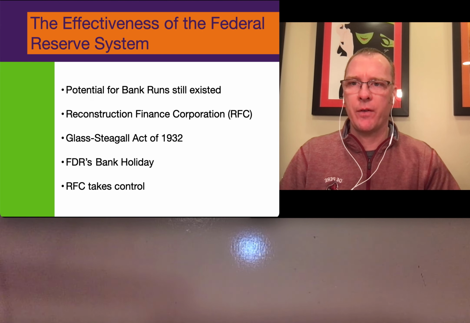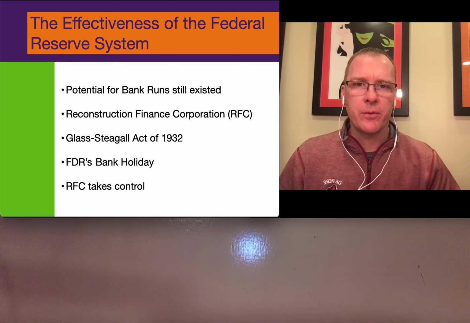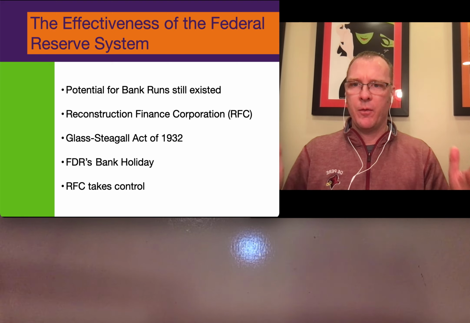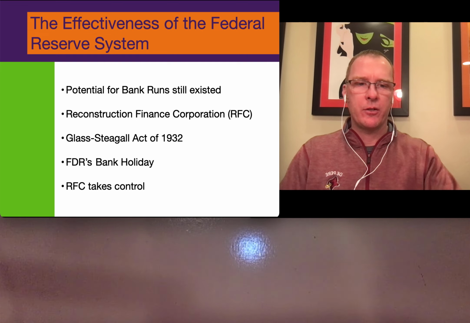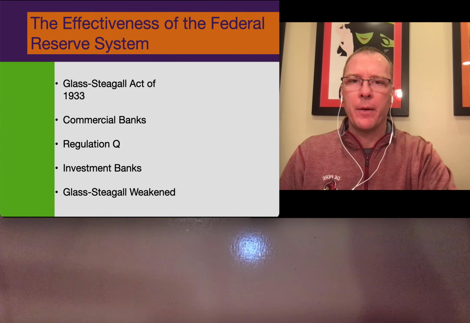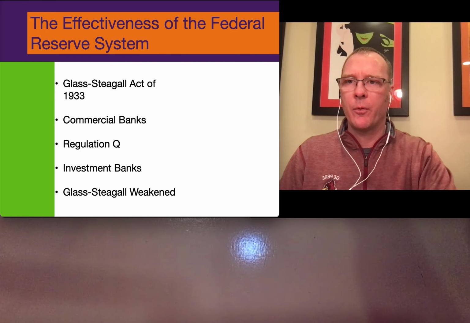What is the effectiveness of the Federal Reserve? Well, at the time, the potential for bank runs would still exist, and so they did put some checks in there so that not everybody could just go get their money out, and to help prevent those things from happening in the future.